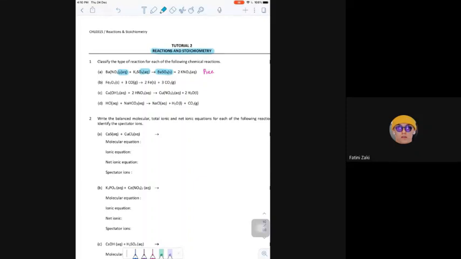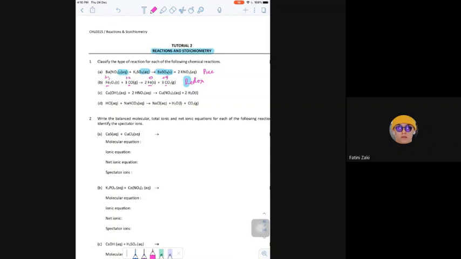As for the second one, it is a redox reaction, because we observe that there is a change in the oxidation number of iron, here is +3 and this iron is 0. This carbon is +2, and this carbon is +4. So it is a redox reaction.